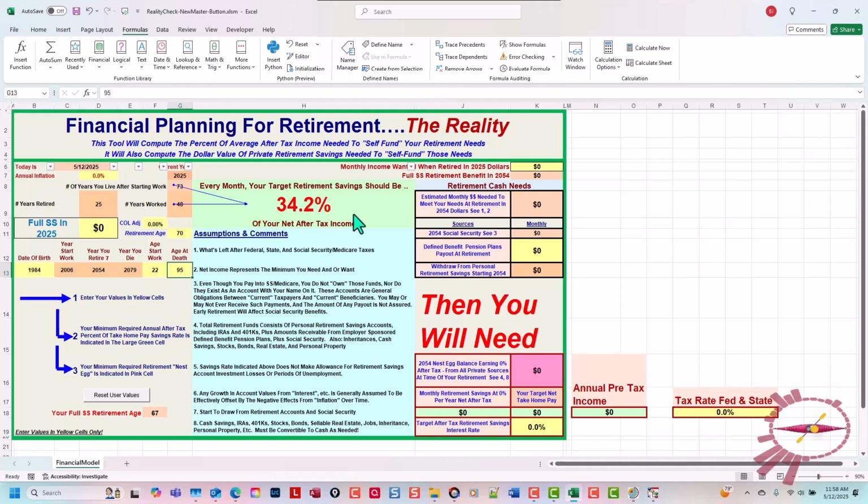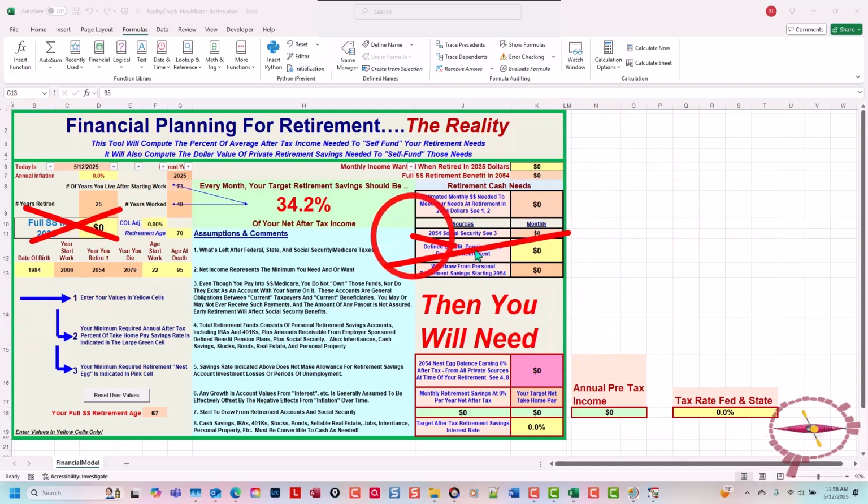We're going to assume that the only source of retirement funds will be personal savings. That is to say, we're not going to receive any Social Security, and we're not going to be a participant in any kind of a pension plan.